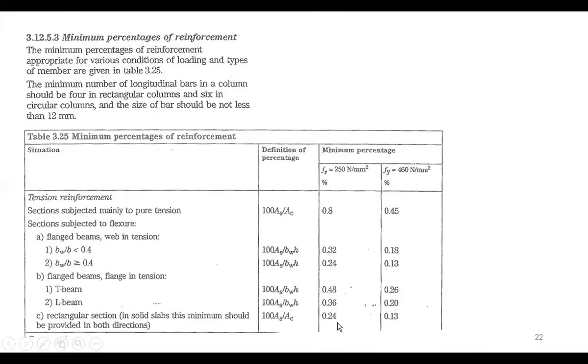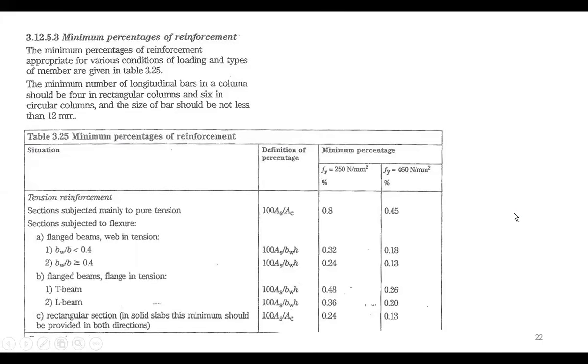You have two values here, 0.24% and 0.13%. Depends on which type of steel you are using. If you are using high yield steel, 460 megapascal, so the minimum reinforcement ratio is 0.13%. If you are using mild steel, this minimum reinforcement ratio is 0.24%.